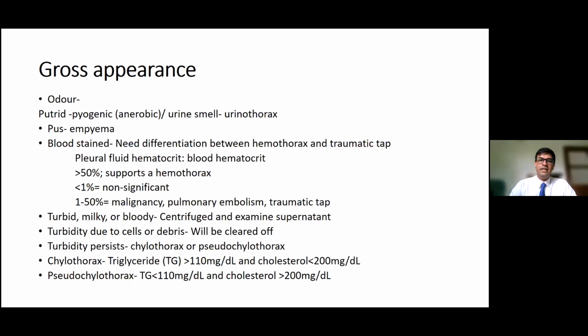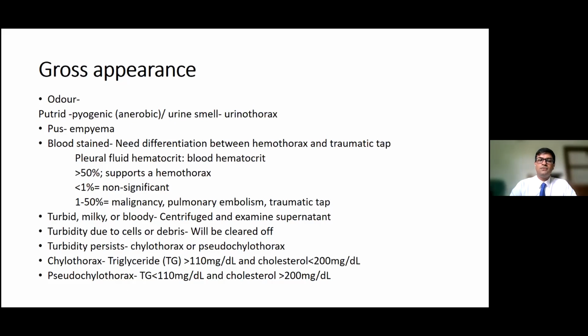If the pleural fluid is turbid, milky, or bloody, you always have to centrifuge the sample and examine the supernatant. If the turbidity disappears following centrifugation, the turbidity is possibly due to cells or debris. However, if the turbidity persists following centrifugation, it may be due to a chylothorax or a pseudochylothorax.